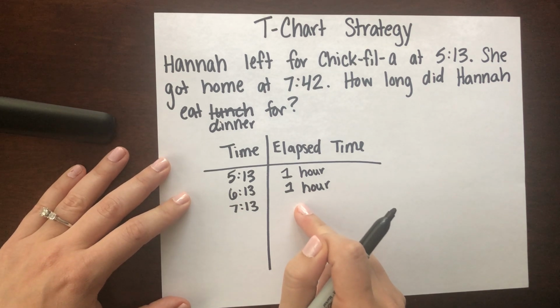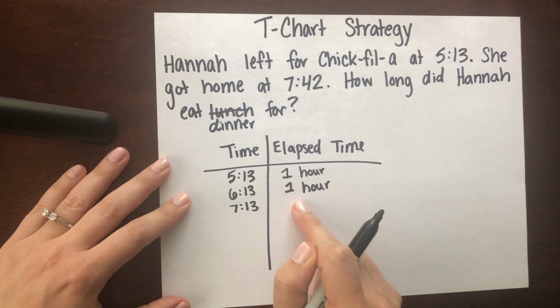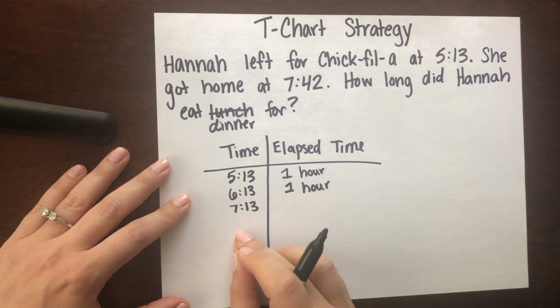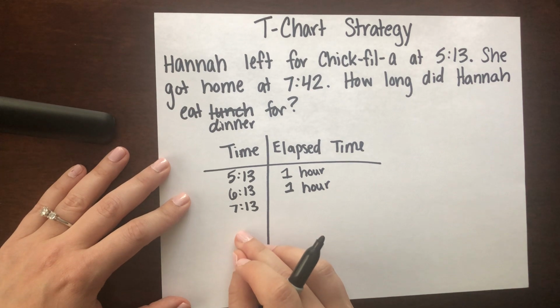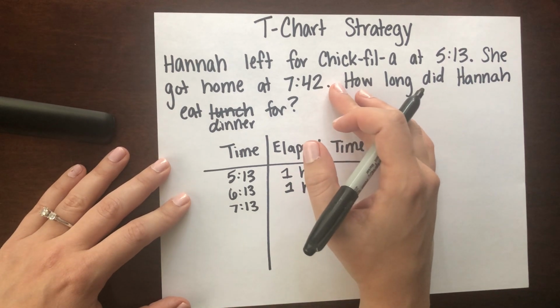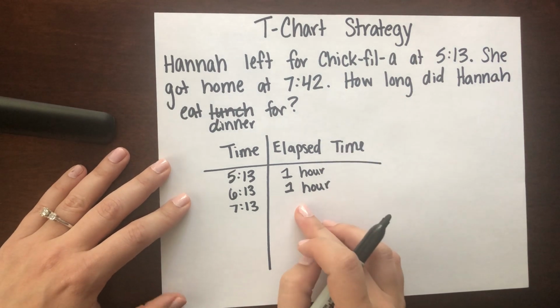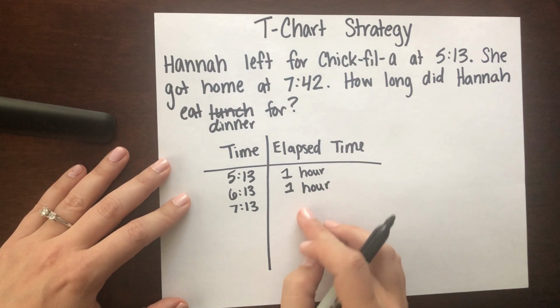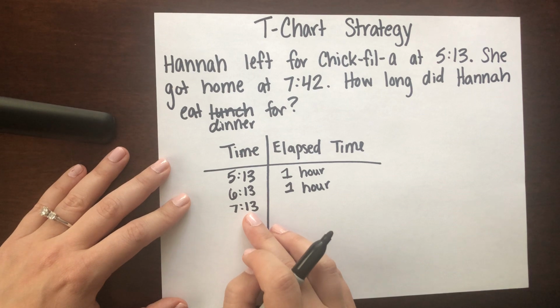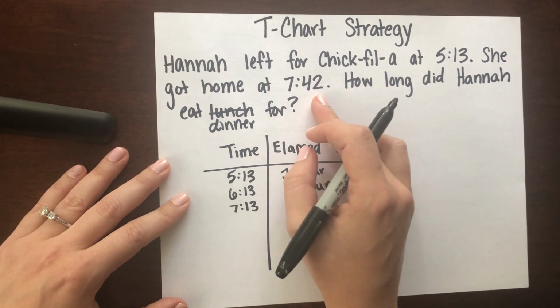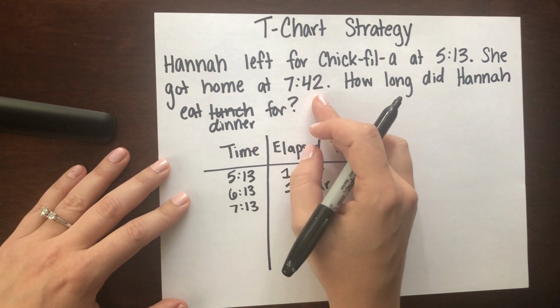The answer is no, because if I put another hour here, my time would be 8:13, which is actually past our ending time. So what if I put 30 minutes here? Well, 30 minutes past 7:13 is 7:43. So that's also past our ending time.